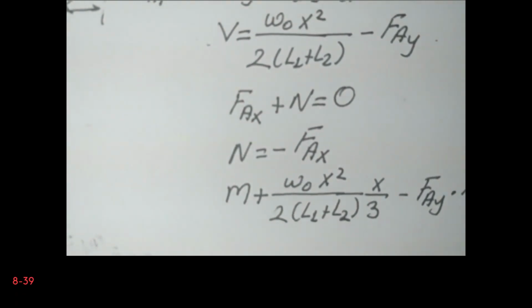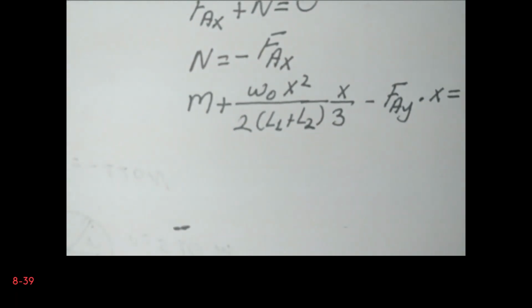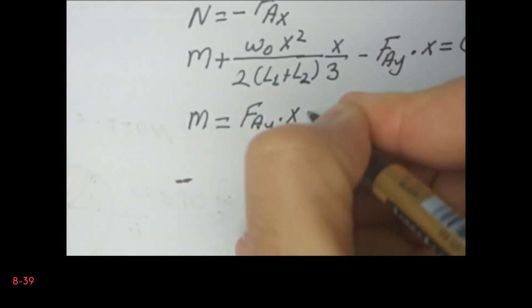So M is equal to Fay multiplied by x minus W0 x cubed divided by 6 (L1 plus L2).